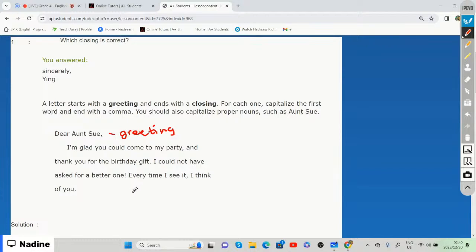Which means that this is now after the party, after Sue was at the party. So the reason for this letter is this person thanking Auntie Sue for firstly attending the party, and secondly, the reason of this letter is also thanking Auntie Sue for the birthday gift and how grateful the person is.